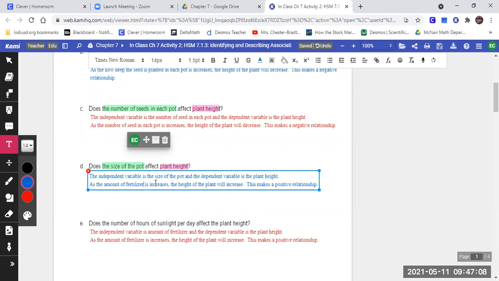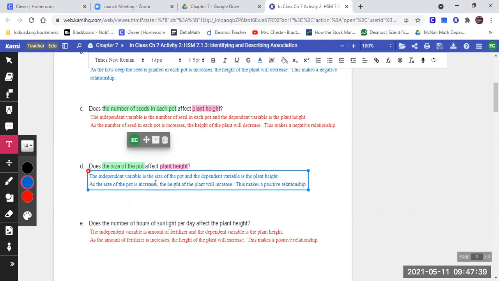Okay, as the pot size gets bigger, do we think the plant's going to stay small or get bigger? So think of a little pot, maybe the size of a cup, versus a bigger pot that's like this big around. So do we think that as the size of the pot gets bigger, the plant will grow bigger?